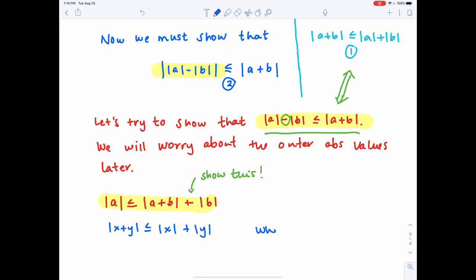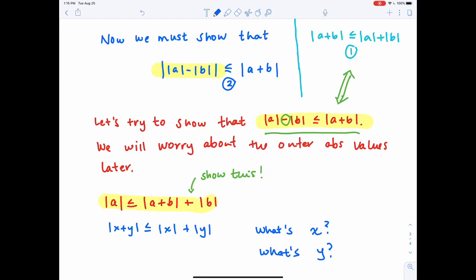And what I'm doing here is trying to say what's x and what's y so that I can rethink this inequality I'm trying to show in terms of the triangle inequality that I already have is true. So I want you to pause the video and see if you can come up with what x should be and what y should be. And then we'll come back together and I'll show you how to do this.